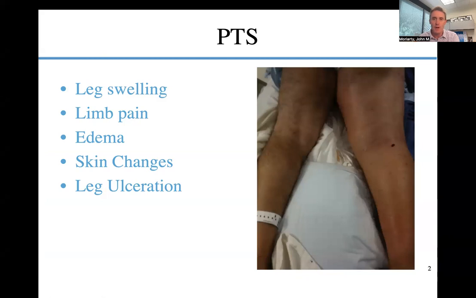I'll call it post-thrombotic syndrome, but it is also called, for example, post-phlebitic syndrome or heavy leg syndrome or post-clot syndrome. There are lots of different names, but I think post-thrombotic syndrome or PTS is the most common, and also the descriptor that tells you most about the cause of the problem: thrombotic issues, whether it's acute or chronic clot in the vast majority.